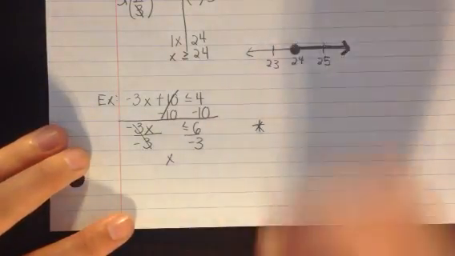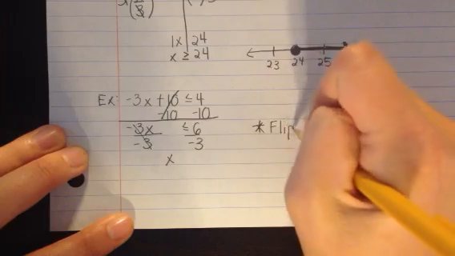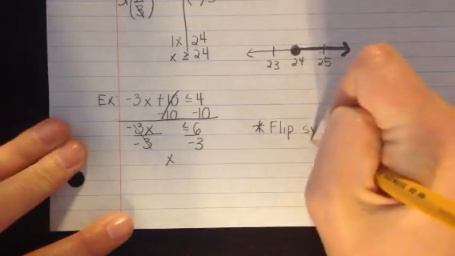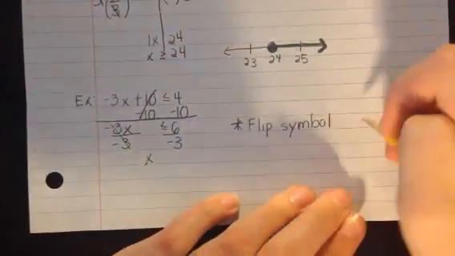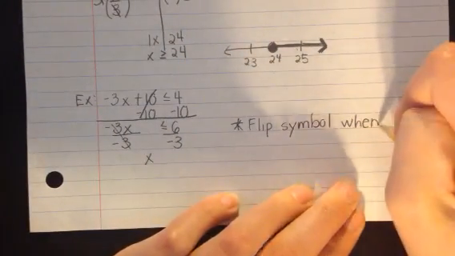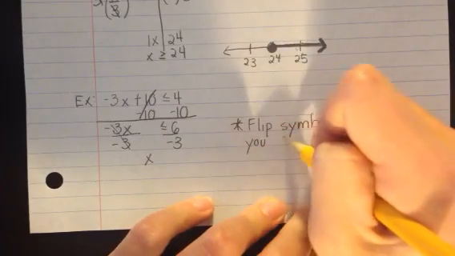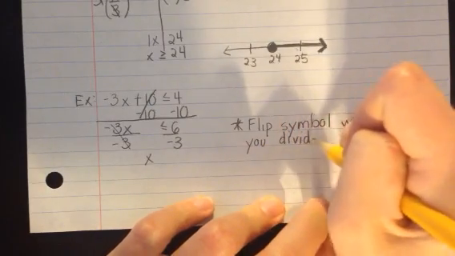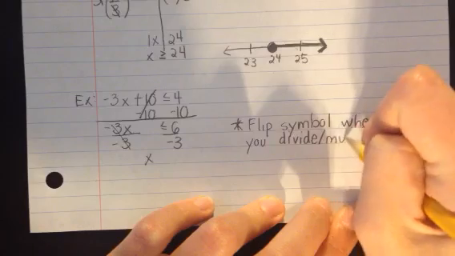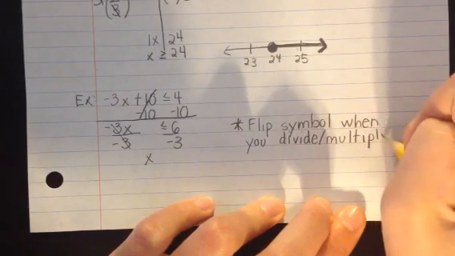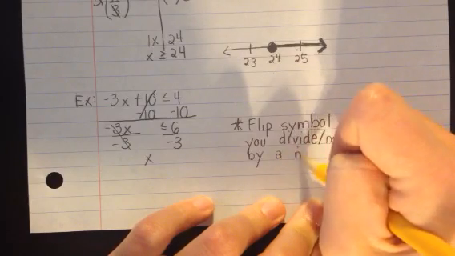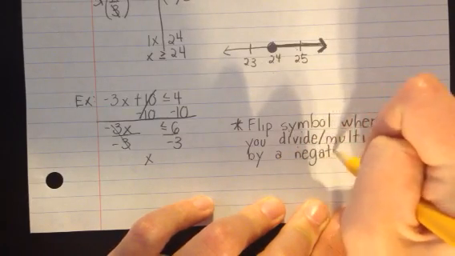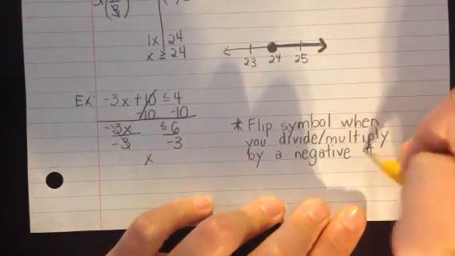Off to the side, I want you to star: flip the symbol, talking about the inequality symbol, when you divide or multiply by a negative number.